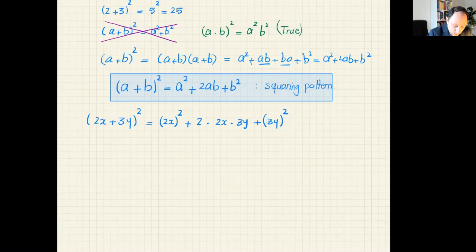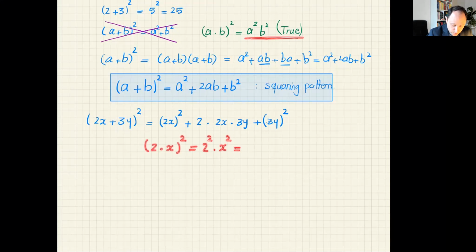Okay, but now look here. What is the operation between 2 and x? The operation between 2 and x is a product, and I want to raise it to power 2. This one is true when it comes to products. So it means that I can write the first one to the 2 multiplied by the second one to the 2.